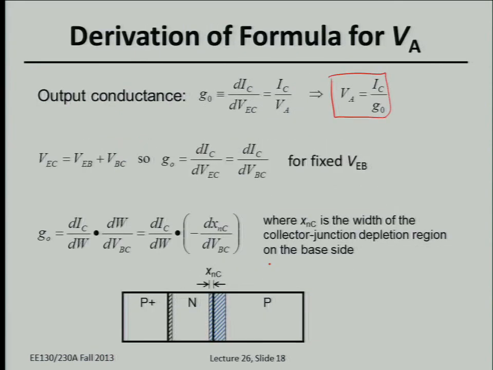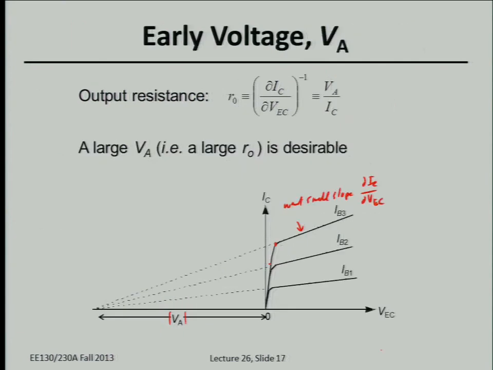Anyway, the key thing here is to remind you, each of these curves is for a fixed IB and hence fixed V. So if you take a derivative with respect to VEC, you're just taking a slope with respect to VEC.